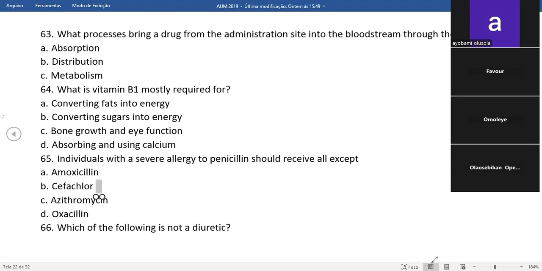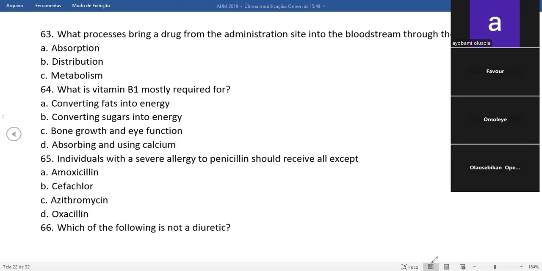It should be, should not receive all except. So, except what will now be the answer? Azithromycin, yeah. Because azithromycin is not a beta lactam.